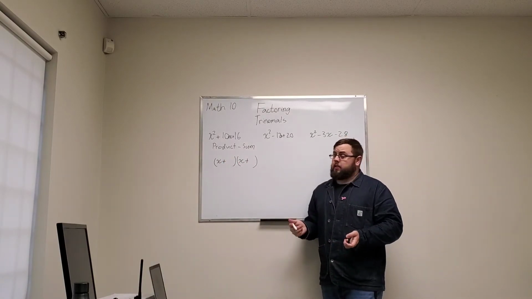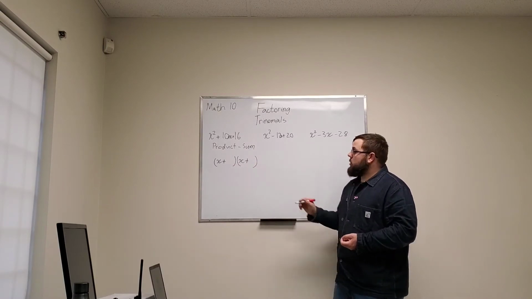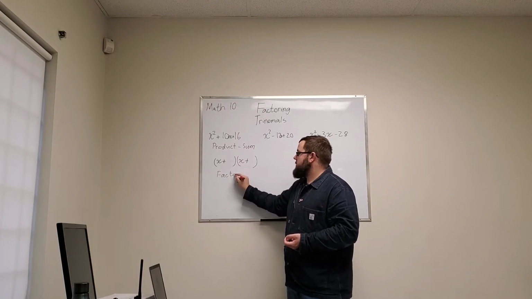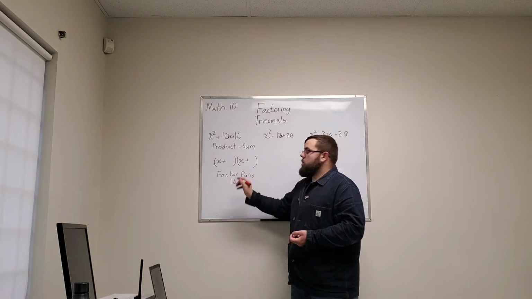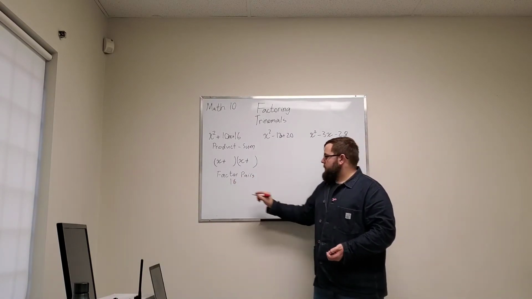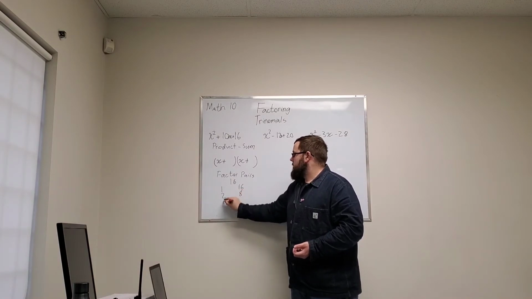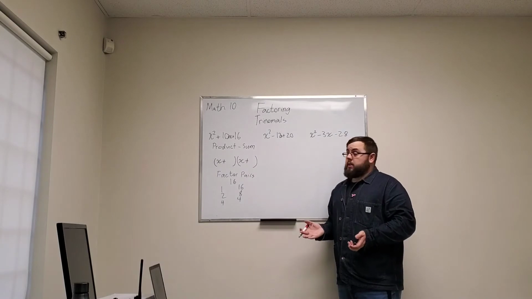So all we really have to do is figure out what these last two numbers are, and that's not too bad. So let's look at the factor pairs of 16. What two numbers multiply into 16? Well, we've got 1 and 16, 2 and 8, and 4 and 4. Those are the only products that we can work with.